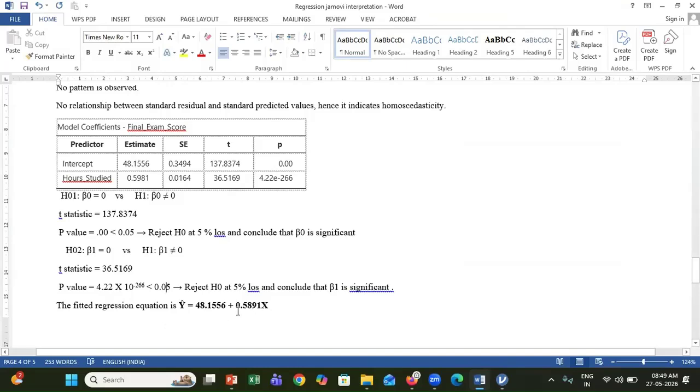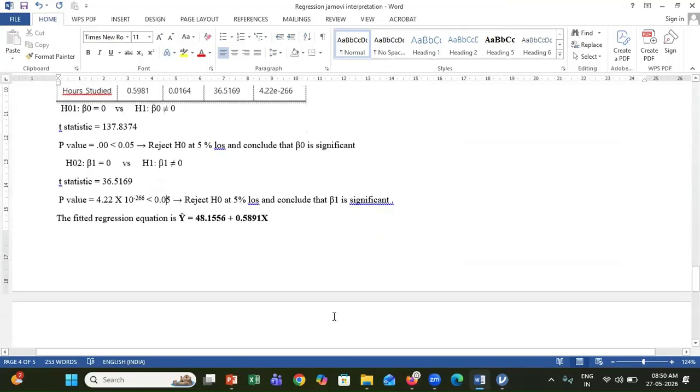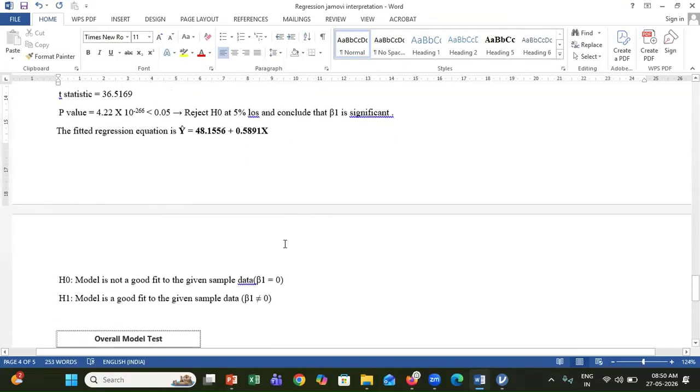This coefficient tells us how y changes when x increases by 1 unit. For example, if the coefficient is 0.589, then every 1 unit increase in x increases y by 0.589 units on average.